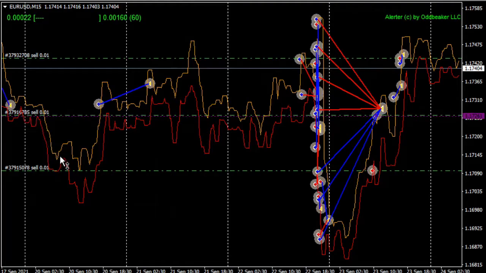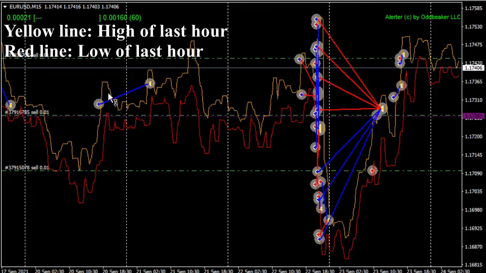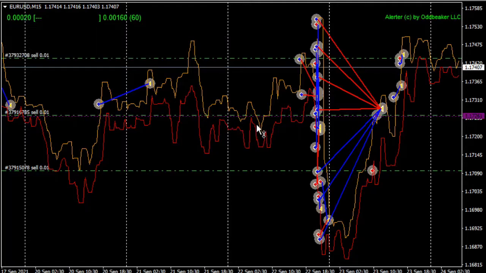This channel, if you follow my cursor, basically shows the highs and lows of the past hour at every candle. Okay? And so it shows you where the price was and how it moved, so you can see the price movement in it. You don't need to see candles.